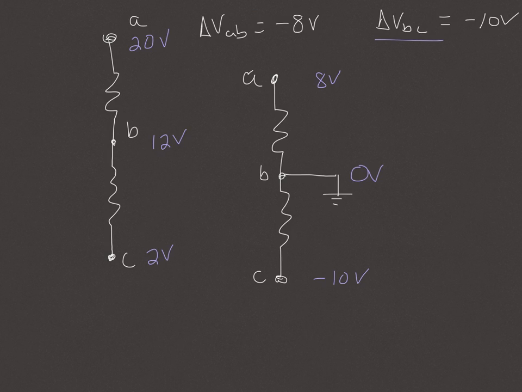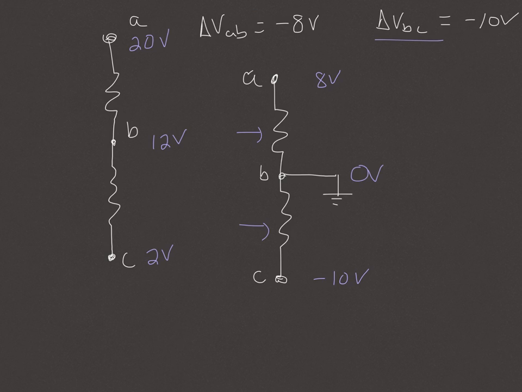So if the potential drop from A to B is 8 volts, 8 minus 8 is 0. 0 minus 10 is negative 10. Just changes the amount of voltage at the locations. It doesn't change the current through the circuit, and it doesn't change the resistance, since they depend on their own properties.